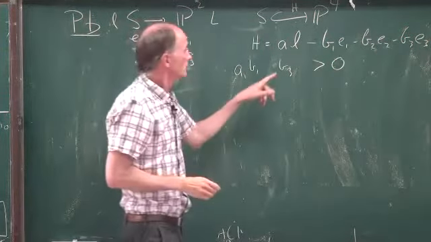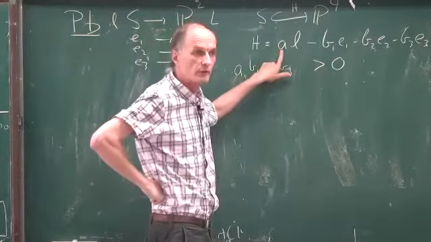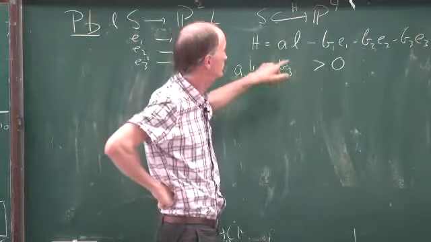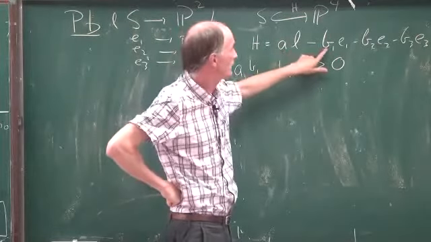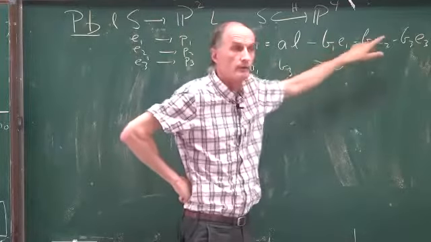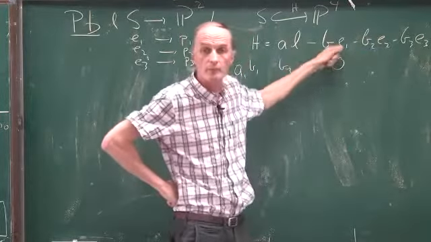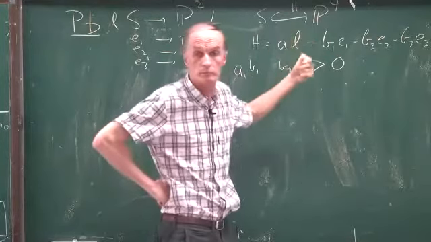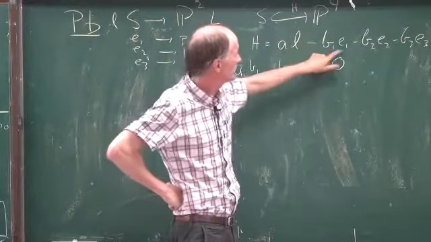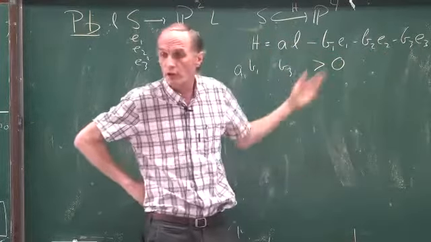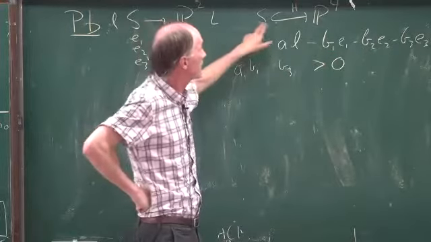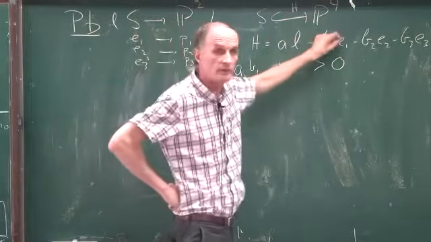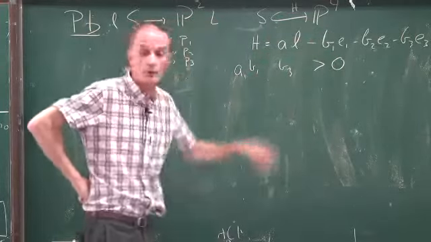Because if A is 0 or negative, then I don't have any curve in the plane to start with. And if any of the B's are negative, then the exceptional divisor becomes a fixed component, and then it's not a very ample system. And if any of these are 0, then this map will contract the exceptional divisor, and it's not an embedding. So all of these are positive.